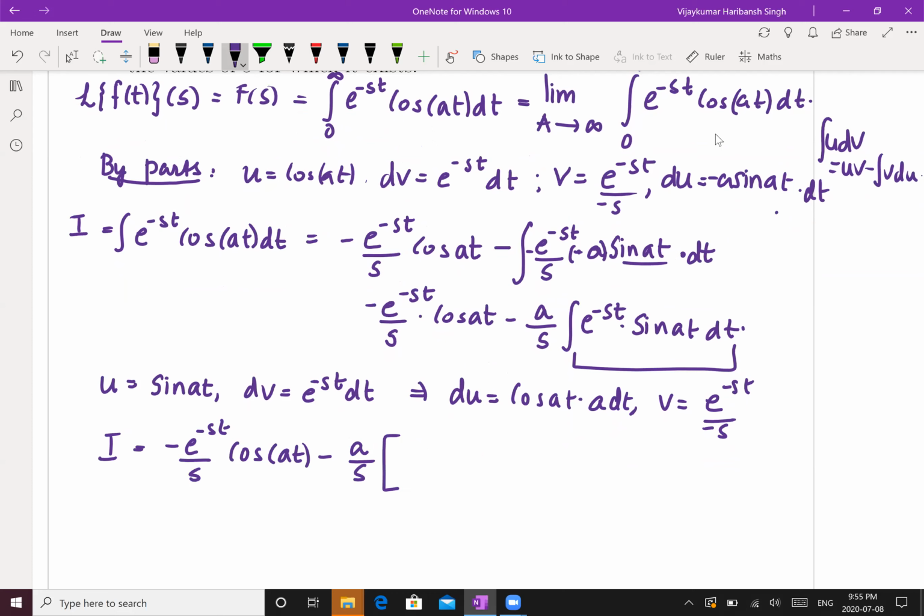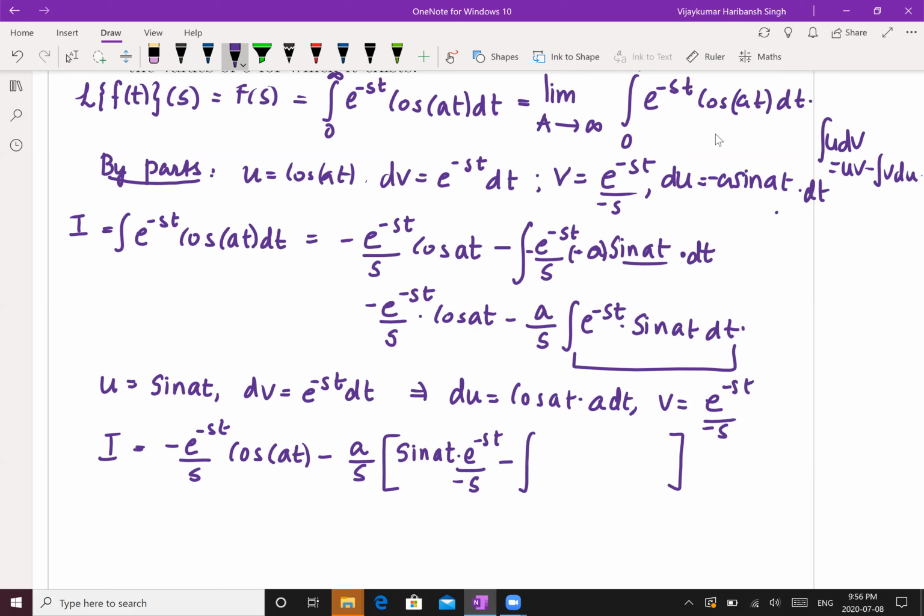Now the integral becomes again uv, which is sine of at times v, which is e to the power minus st over minus s, minus the integral of v du.